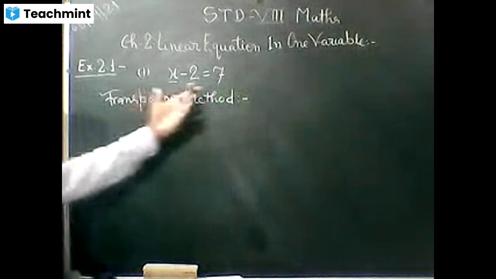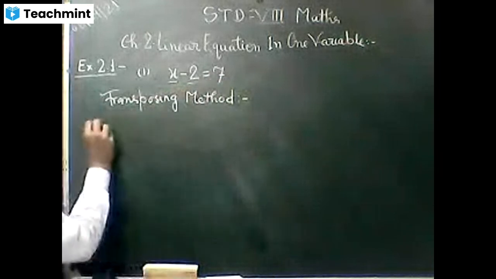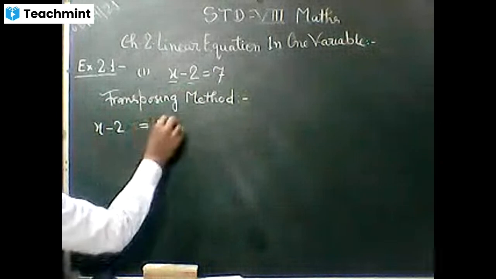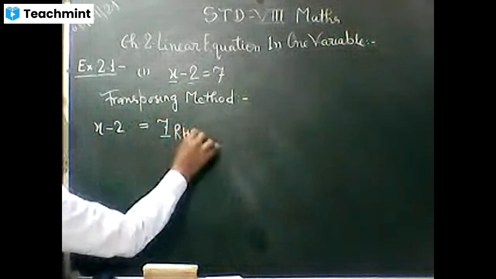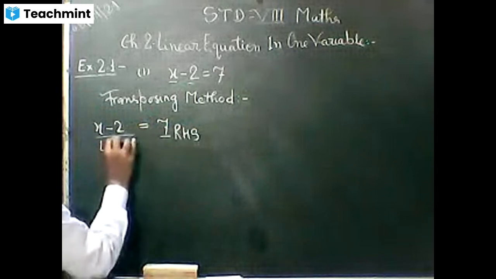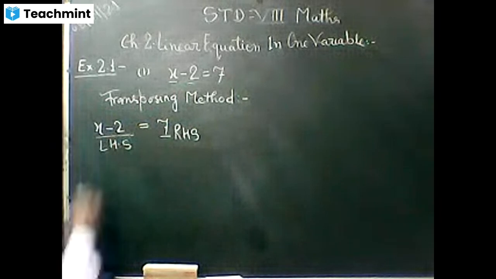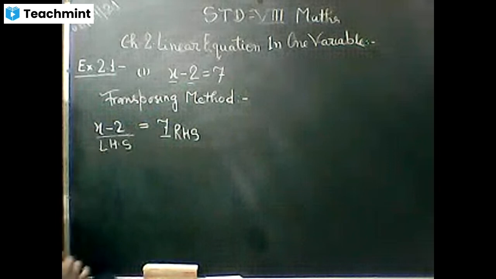In this equation, we write x minus 2 equal to 7. This is our left hand side and this is our right hand side. We know properly, and in this way there are two terms, one is the x and second is the minus 2. Then how do we define to transpose it?